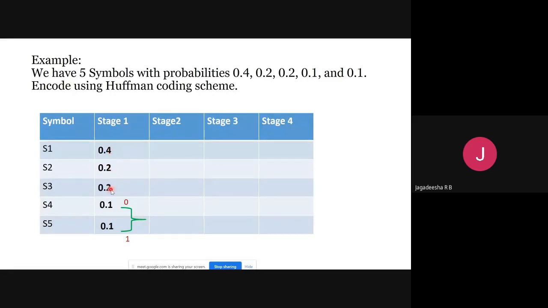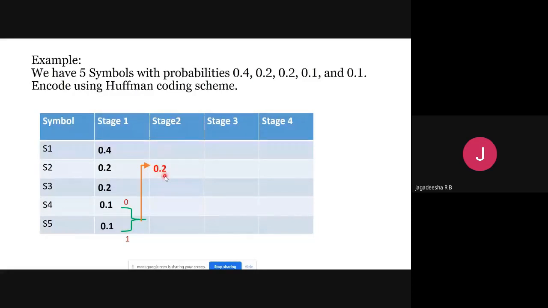You just need to sort them. If it is already sorted, no problem. Now we have a 0.2 here. Where should we place that? The first item here will be 0.4. The next items are 0.2, 0.2, and 0.2. So this 0.2 generated here will go to the first position among the 0.2s in the sorted list, something like this.